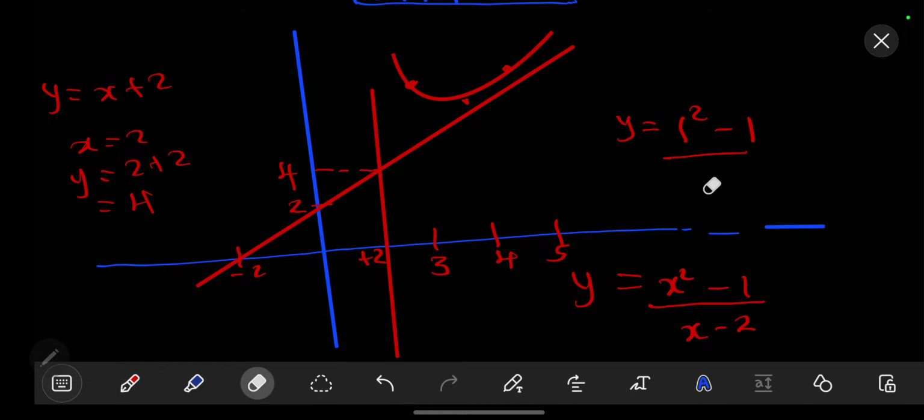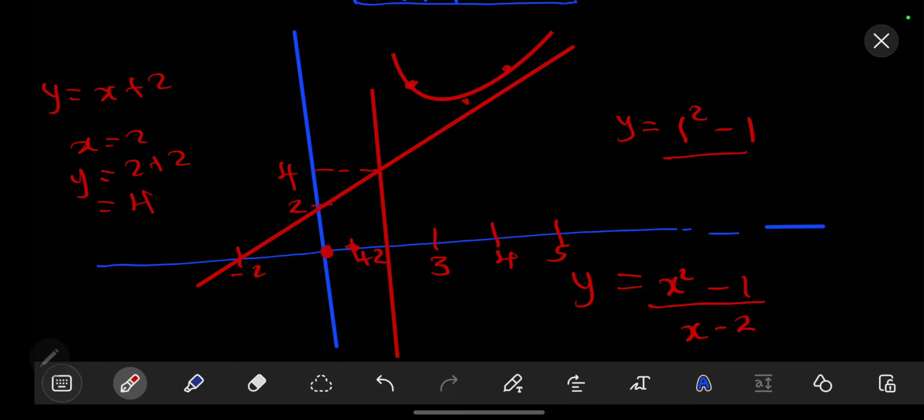Now without going any further, 1 minus 1 is 0, so the whole expression will be 0. So therefore this is the same as 1 comma 0. Let me see what happens to the graph as I go to positive 1, which is here. Positive 1 is the one that is giving us a 0 at this point.